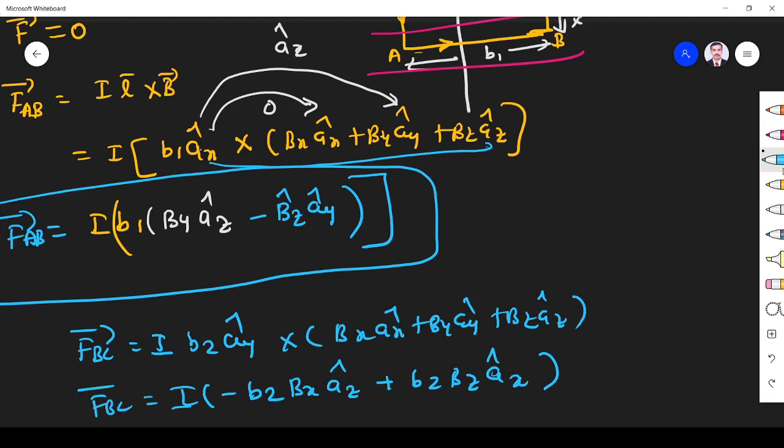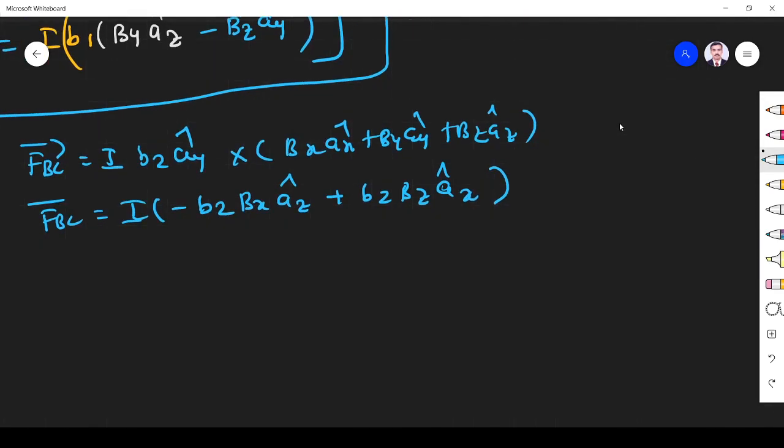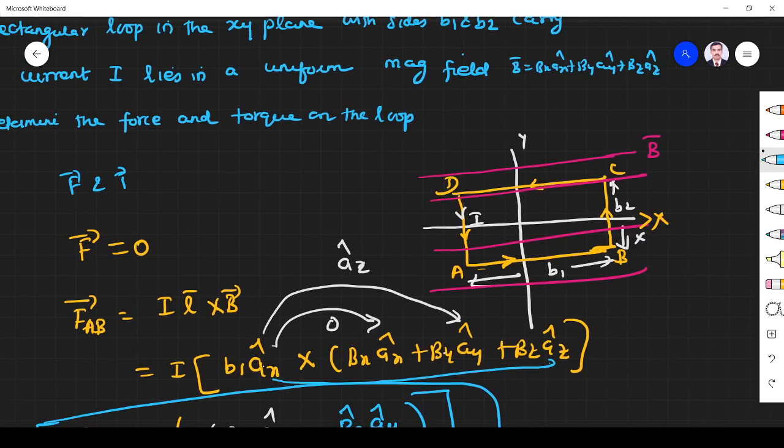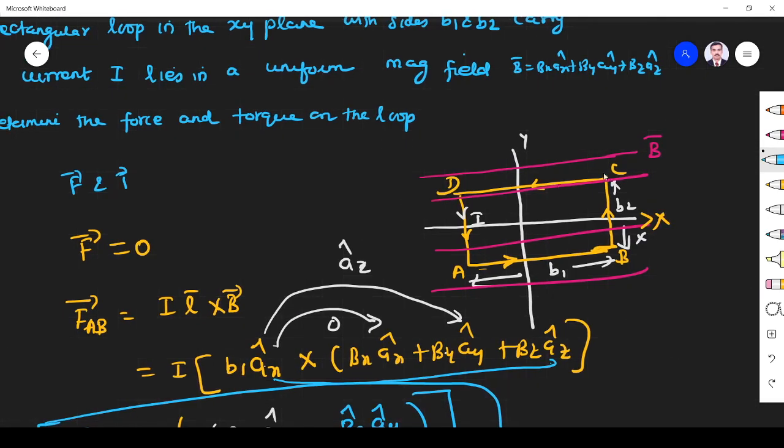Similarly, we can find FCD. As usual, the current is I, but C to D is going along the minus ax direction.